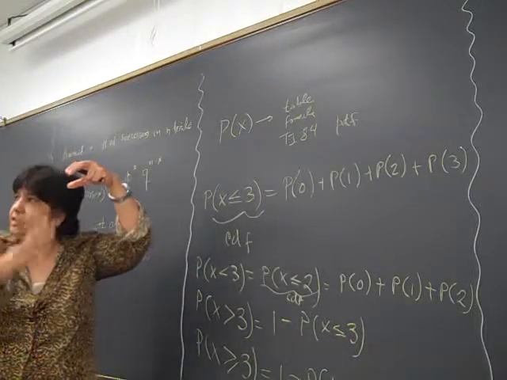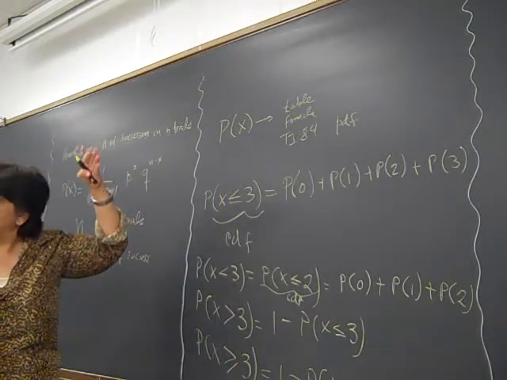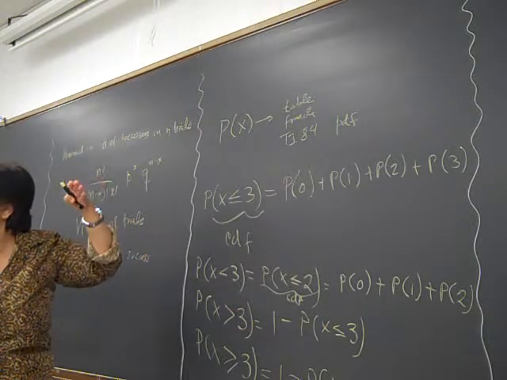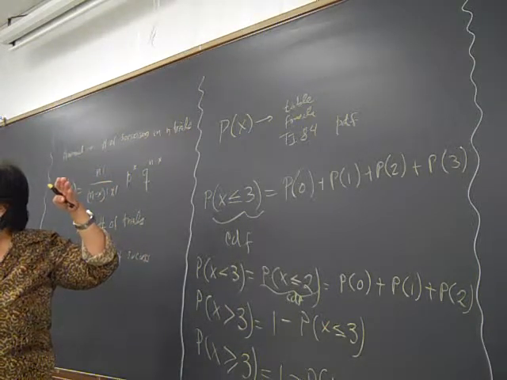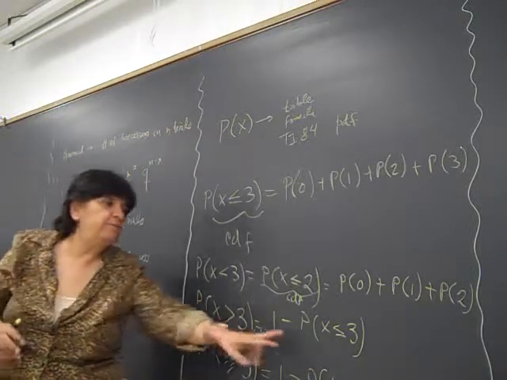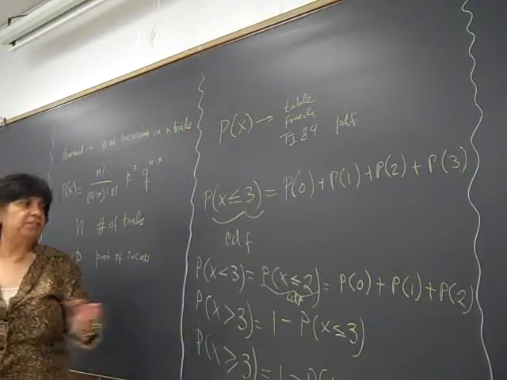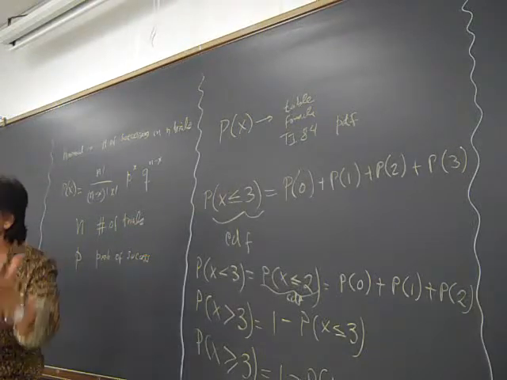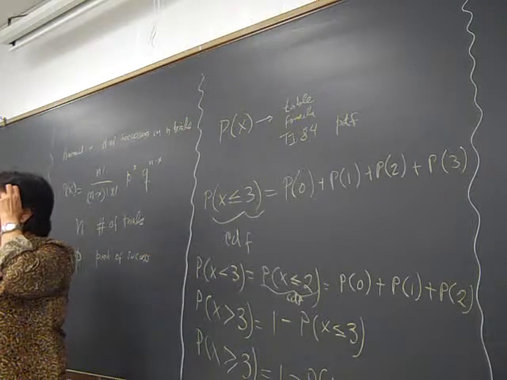Remember that when you add all the values for all the possibilities in a discrete distribution, they have to add to 1. Okay? So in order to find this, you have to make the complement. 1 minus the probability that x is less than or equal to 3 is equal to the probability that x is greater than 3. Okay?